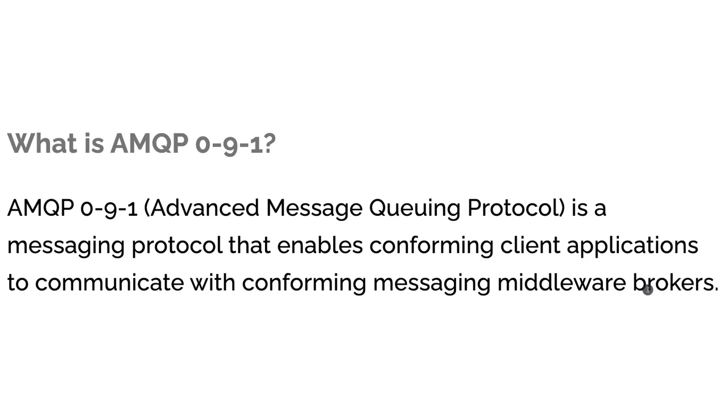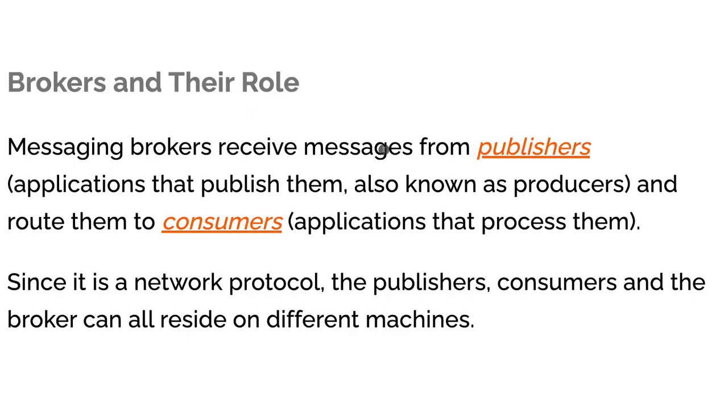Well, a broker receives messages from publishers, i.e. these are applications that publish messages, and they're also known as producers, and it routes them to consumers, i.e. other applications. So the broker receives messages from publishers and it routes them to consumers.